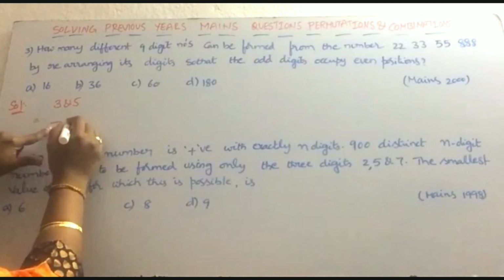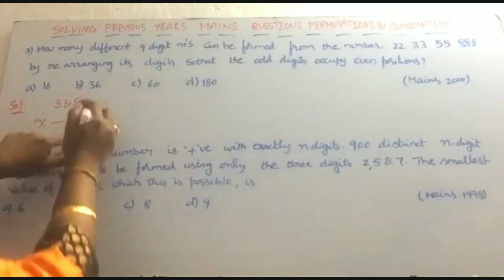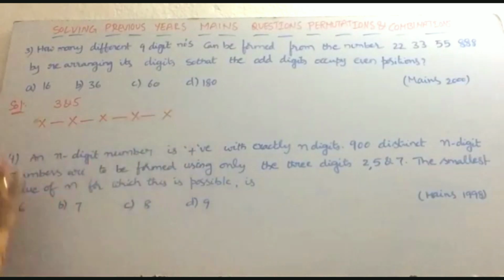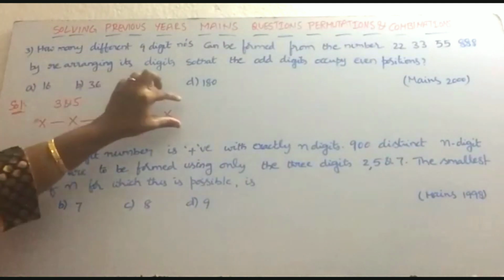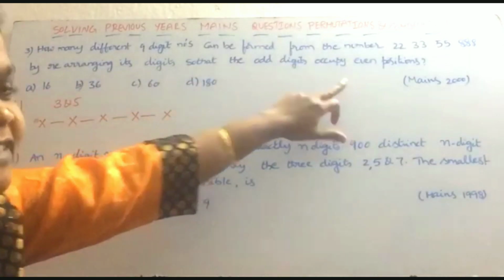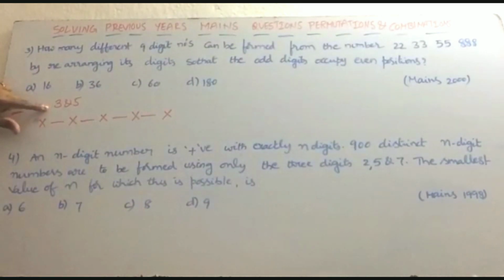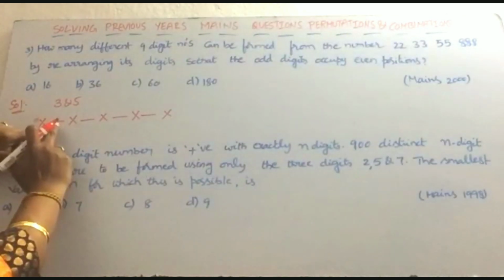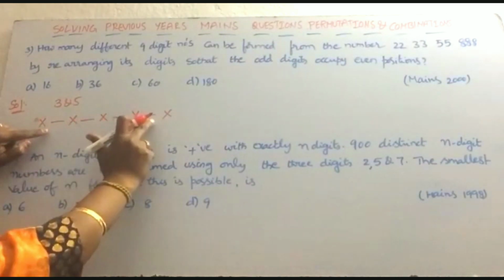Sorry, I will put the odd digits in the even places. The places are the first, third, fifth, seventh and ninth, so 1 2 3 4 5 6 7 8 9 is the 9-digit number. The odd digits, 3 and 5, occupy even positions, that is 2, 4, 6 and 8.